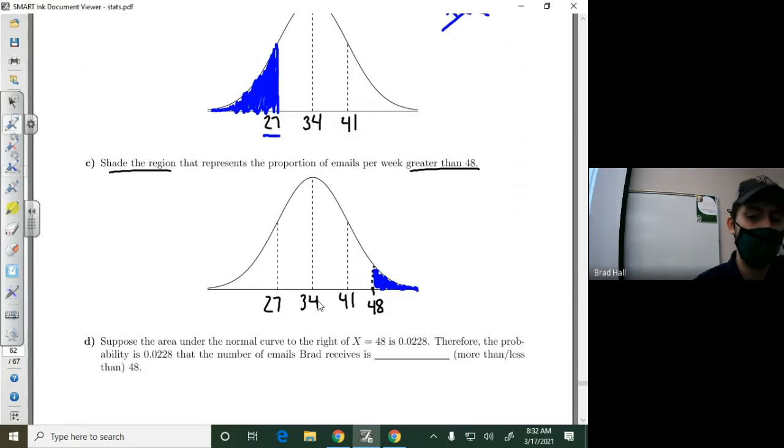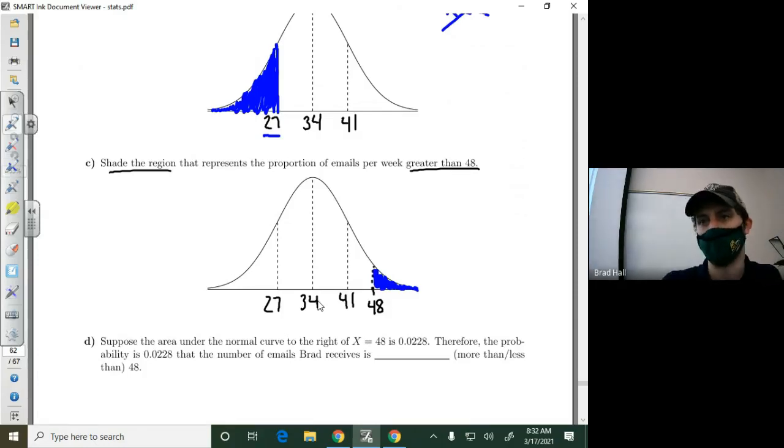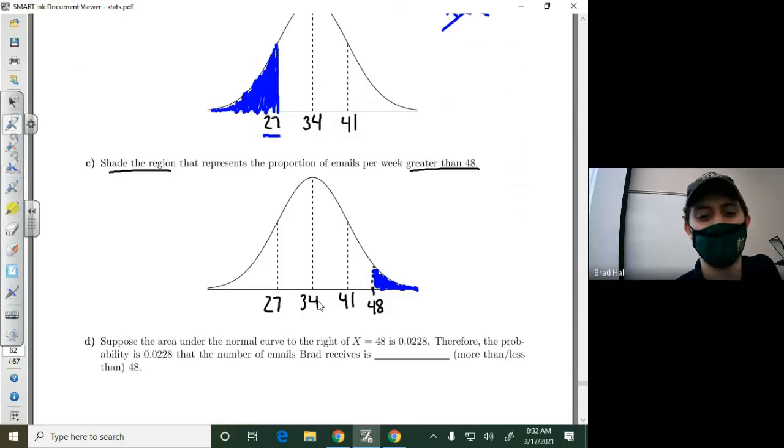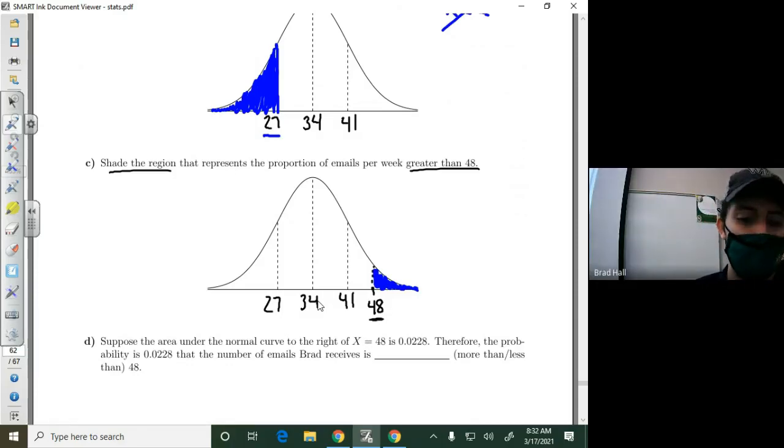Well, is it going to be more than or less than 48? Use the graph to help you. Notice here's 48, and we shaded the region greater than it, or more than. It's going to be more than.